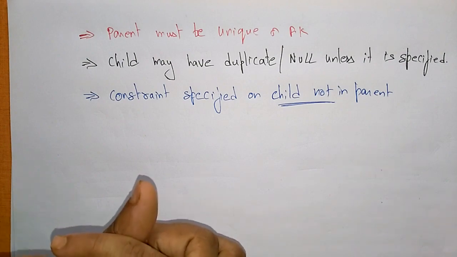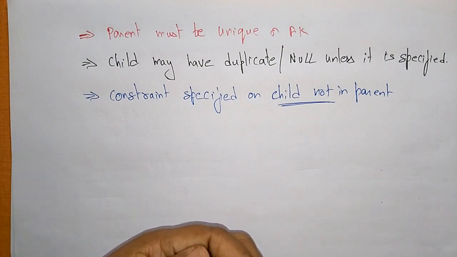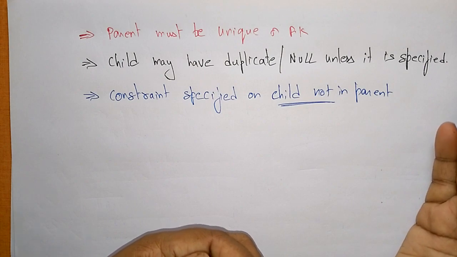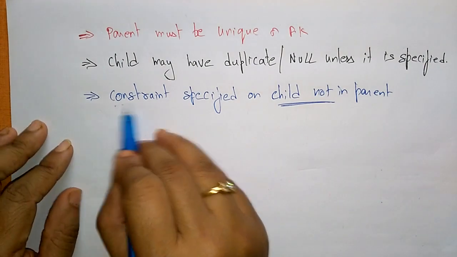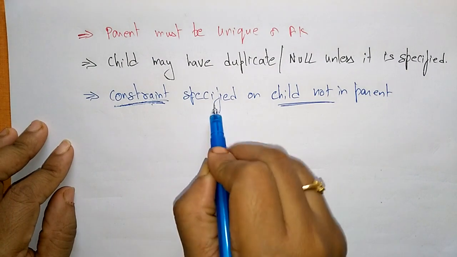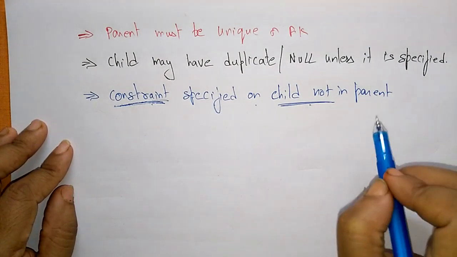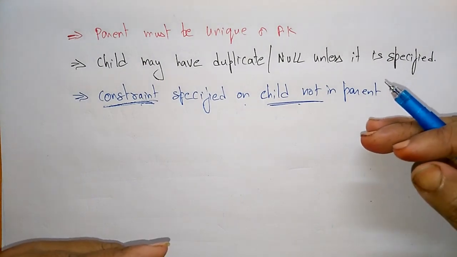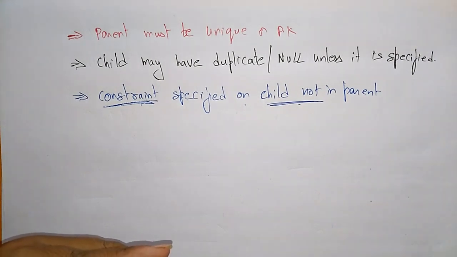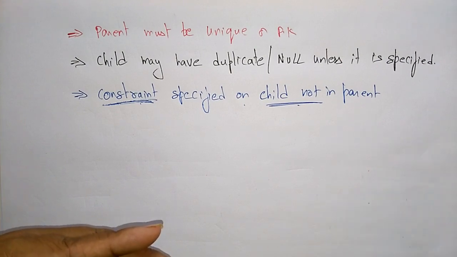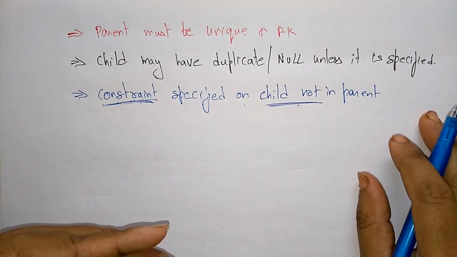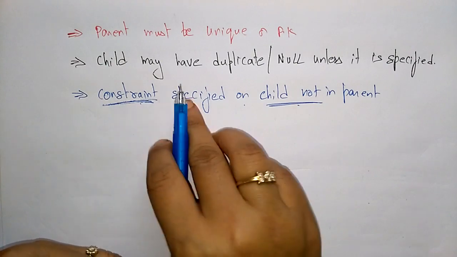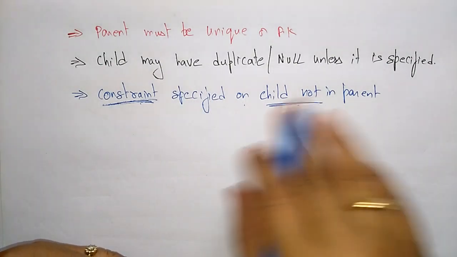If the parent does not exist, the child table cannot insert values. Constraints mean conditions, and a condition is specified only on the child, not on the parent. We are the parents, so we give some constraints to the child. Until we give the permissions, they are not supposed to access that. So the constraints are always specified for the child, not for the parent.